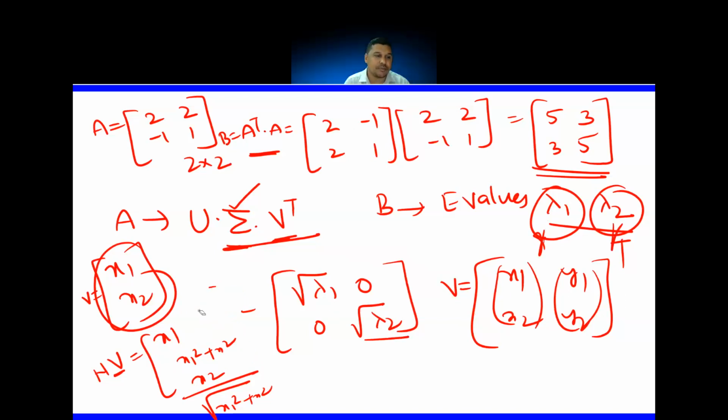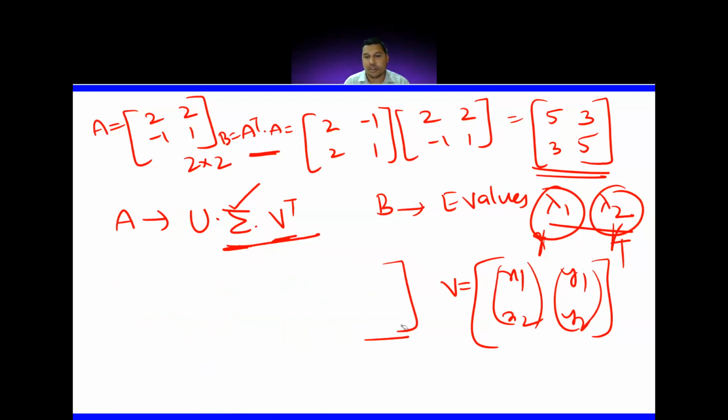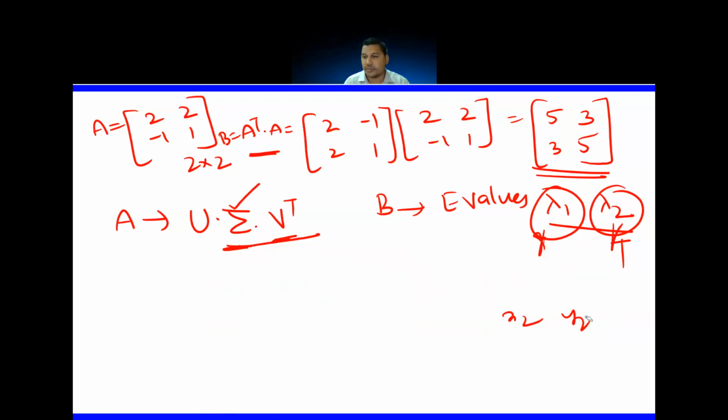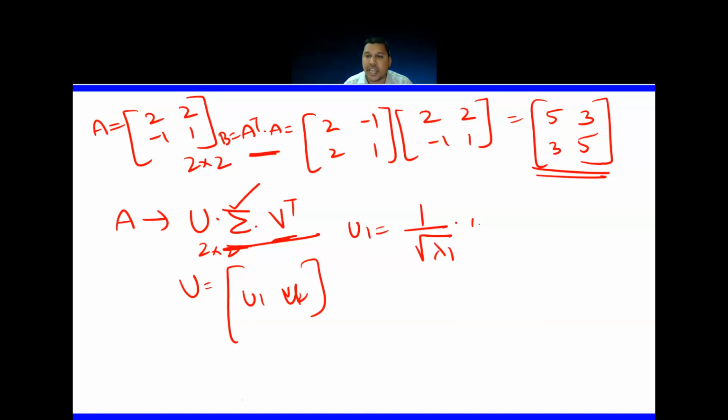Now, the third one is U. Let's see what the U matrix is. That is a little complex to understand. Your U is again 2 by 2, so you have to find two vectors, U1, U2. U1 is 1 by square root of lambda 1 into the given matrix A into lambda 1's eigenvector, that is V1.